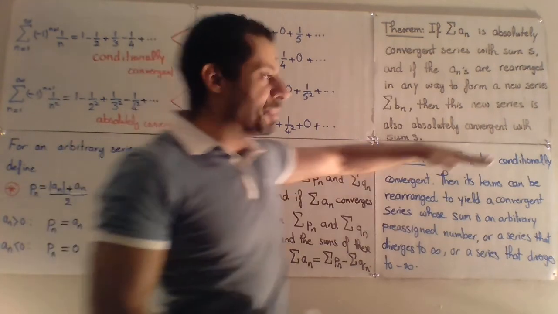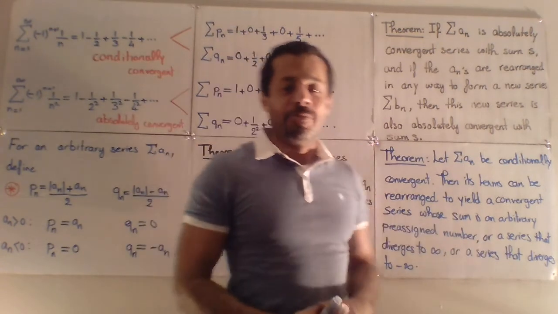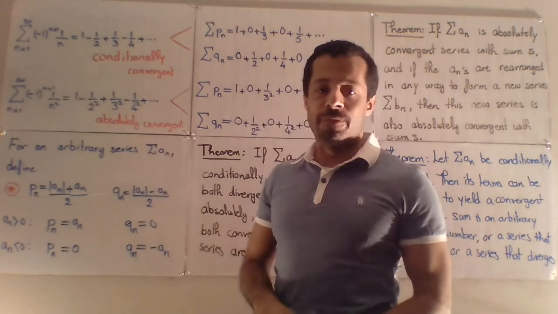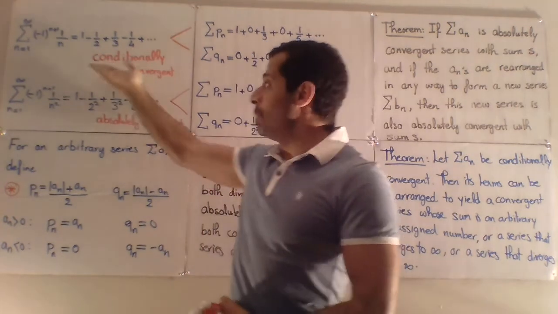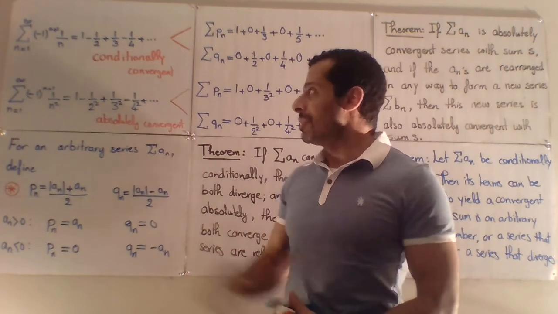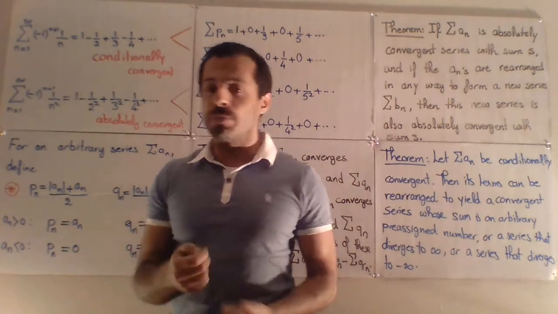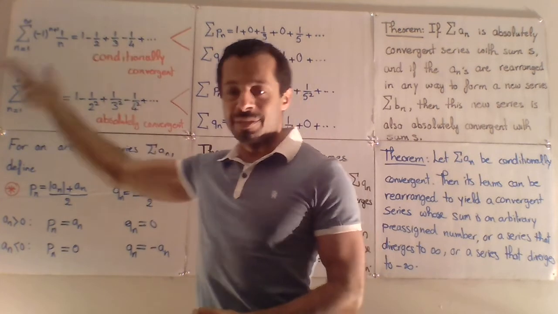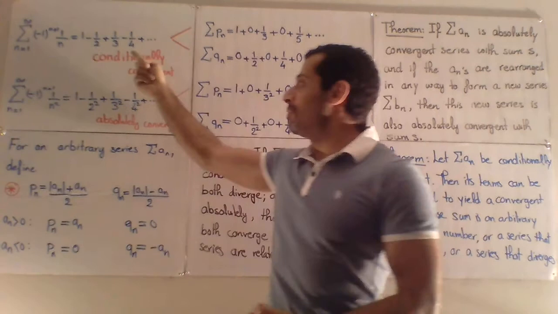This is not surprising, but the next result would be very surprising. If you remember, in our first video on rearrangement of series, we first knew that the sum of the alternating harmonic series is ln 2, and then we did a clever rearrangement of the terms by taking the first two positive terms followed by the first negative term, then the second two positive terms followed by the second negative term, and so on.